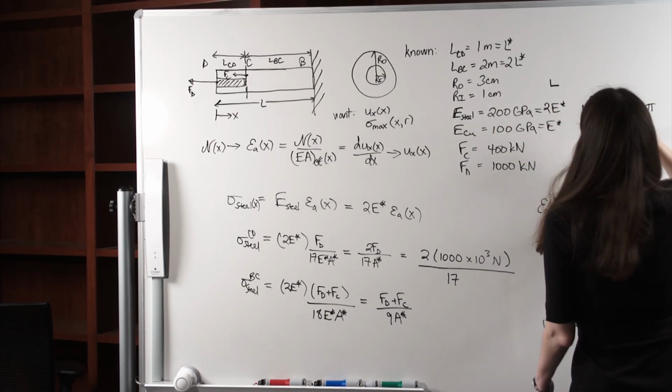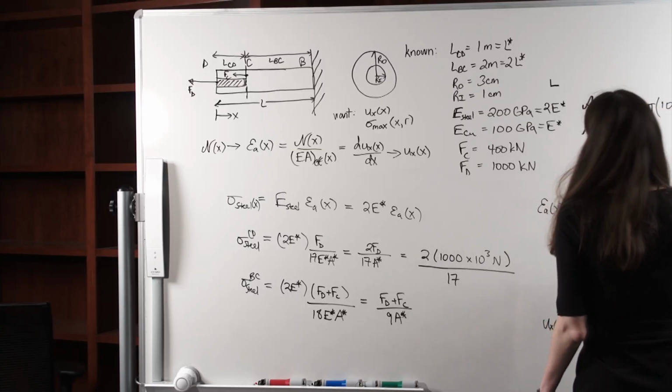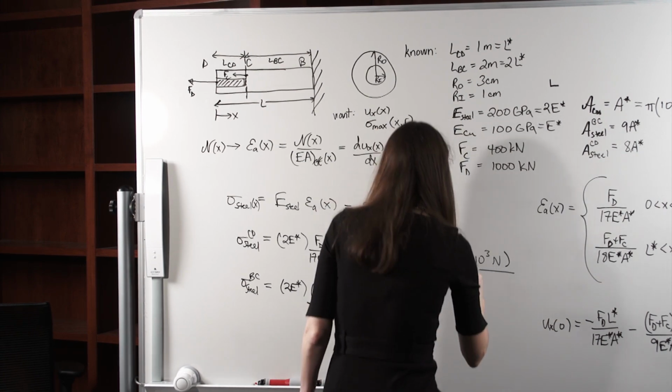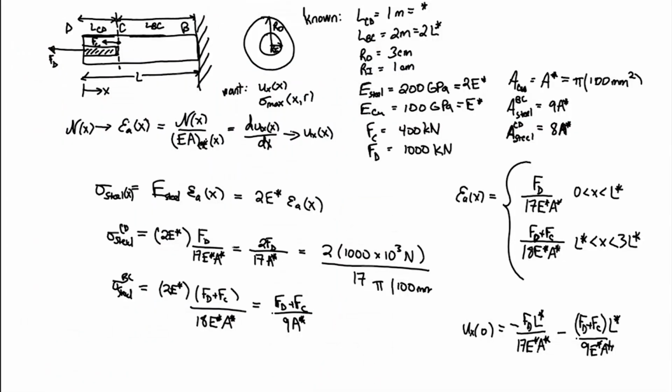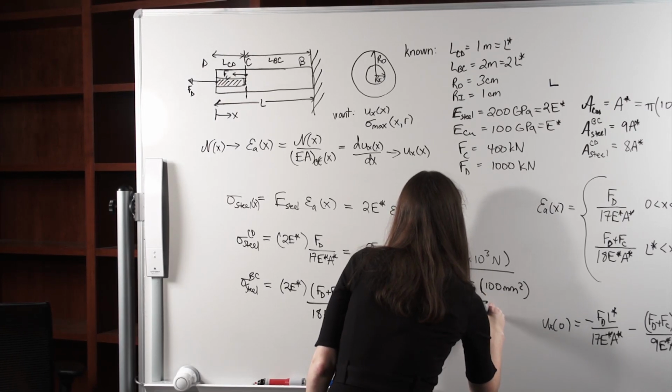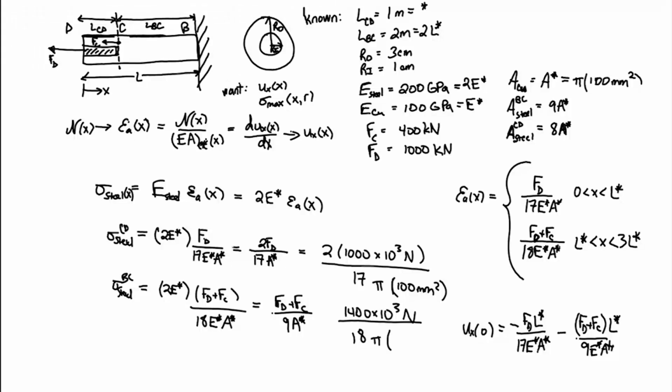So pi times 1 centimeter squared, which is 100 millimeters squared. Okay, so let's put that in: pi times 100 millimeters squared. And for this one, FD plus FC is 1,400. So we have 1,400 times 10 to the 3 newtons divided by 18 pi times 100 millimeters squared.